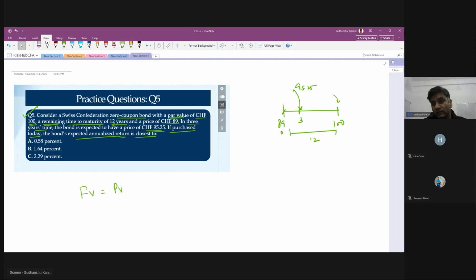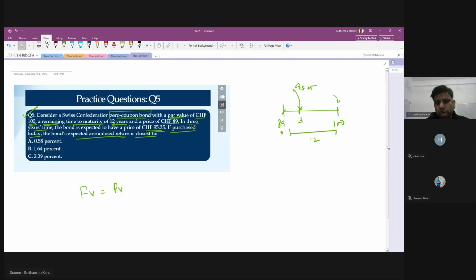Whether a zero coupon bond also plays a particular kind of role here, because there is no coupon in between. I understand that there are 3 years here. So how do I now solve it? What should be the logic so that I get the right answer? Any idea? Anyone?